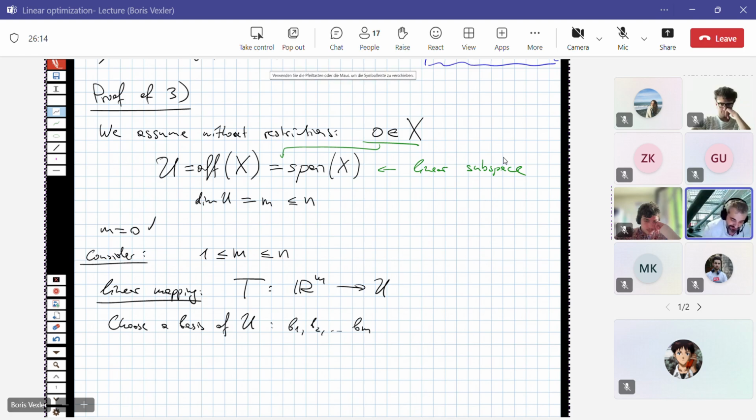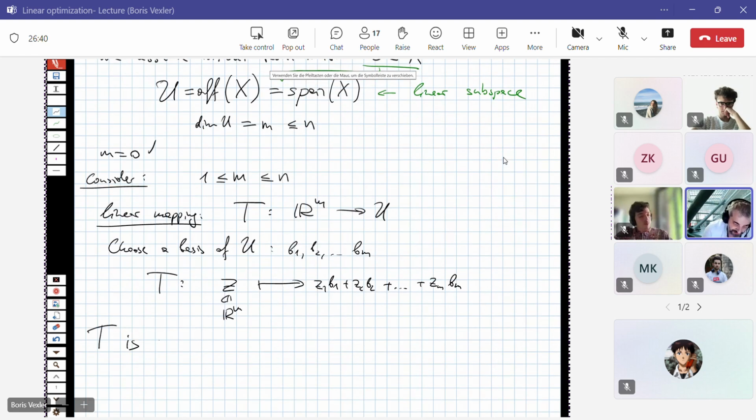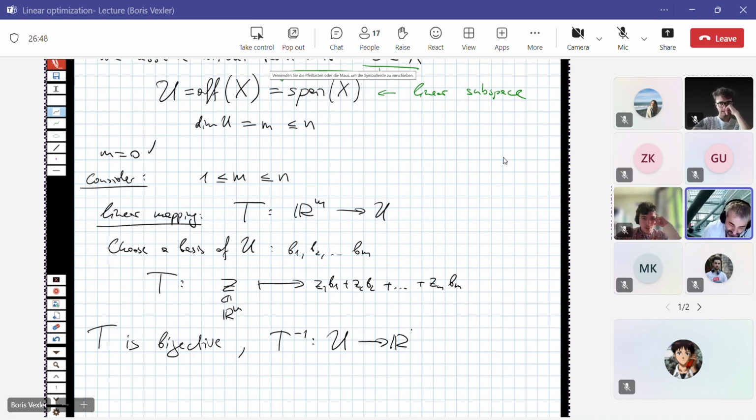And our mapping capital T maps a vector z in R^m to the corresponding vector in U, which is a linear combination of the basis vectors, z1 b1 plus z2 b2 plus and so on zm bm. And we discussed that T is bijective, and also T^-1, which maps then U to R^m, is of course also linear. Both are linear.